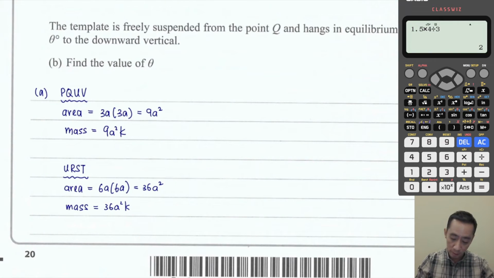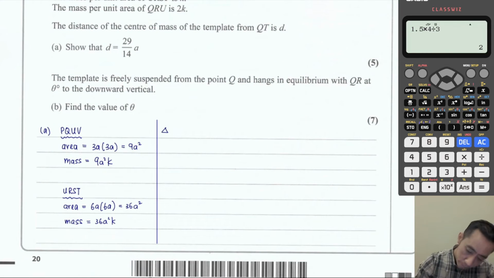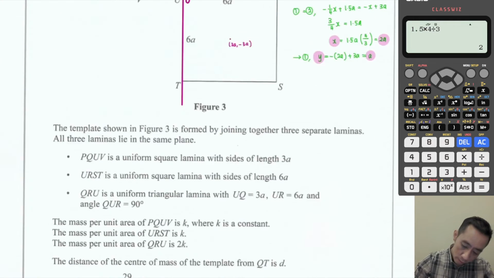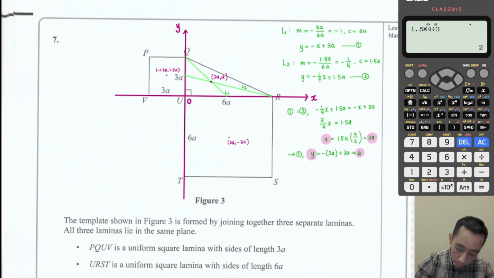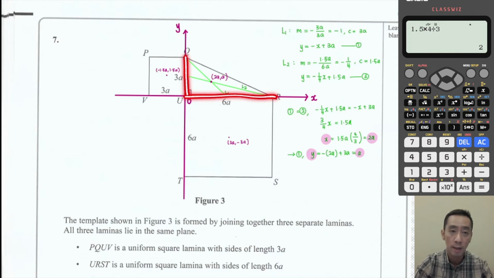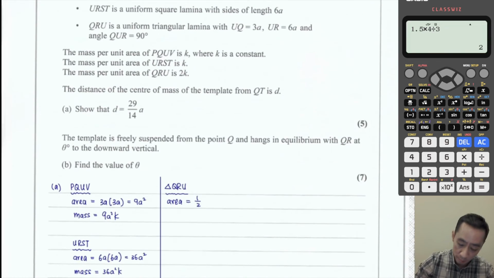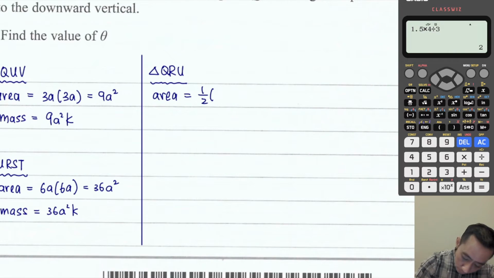So now for the triangle QRU, what is the area? Half. For this triangle here, this is 3a, this is 6a. So just simply half times base times height. So 1/2 times 6a times 3a, which is 9a squared.